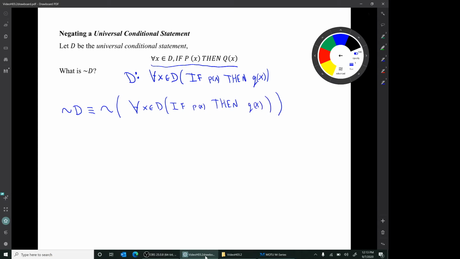Now remember that when you find the negation of a universal statement, it turns that universal statement into a there exists statement. We could think of this in pictures as moving this quantifier one notch to the right, past that for all symbol.